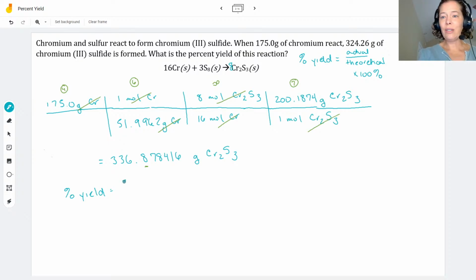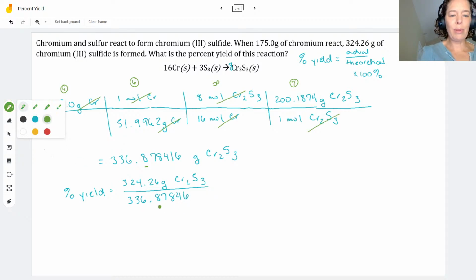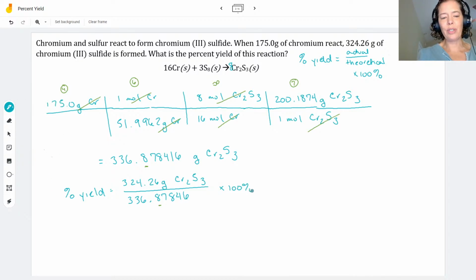That is 324.26 grams of chromium-3 sulfide. And now I'm going to put this over my theoretical yield, which I just calculated. That is 336. Again, I'm going to write down all of these decimals, but I'm going to make my mark to remember that I am rounding to that 8 right there. And then this is times 100%.